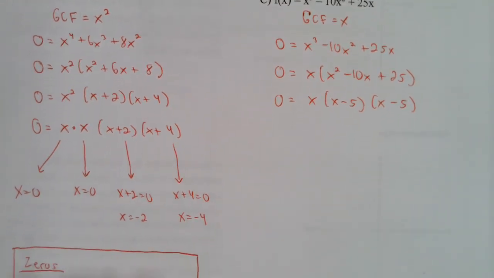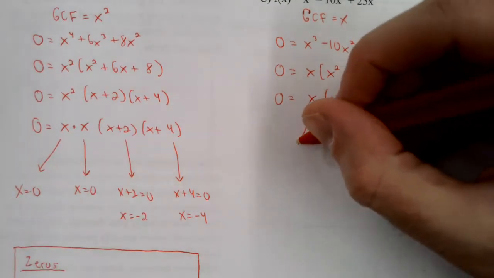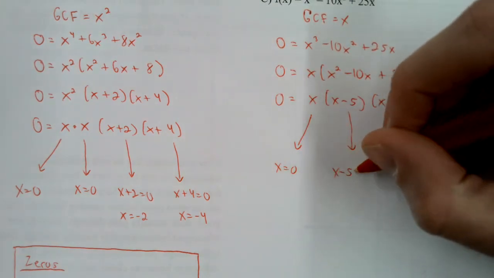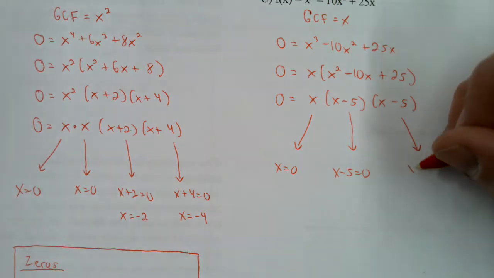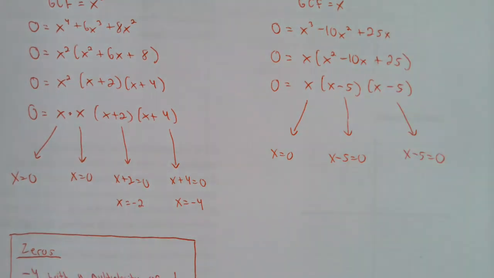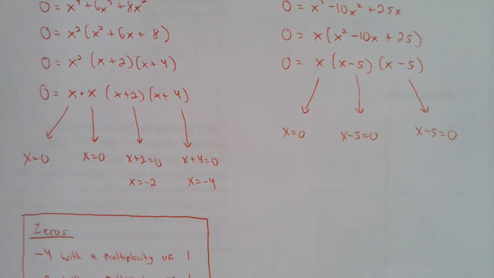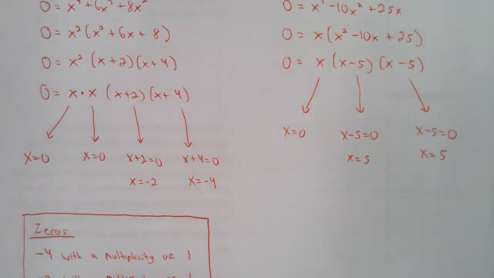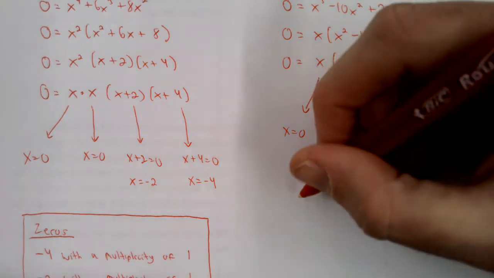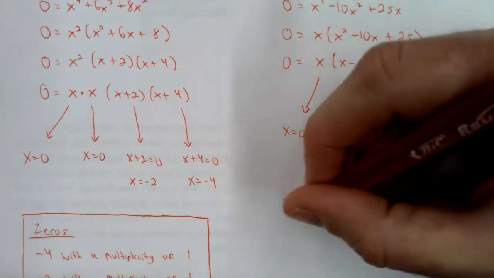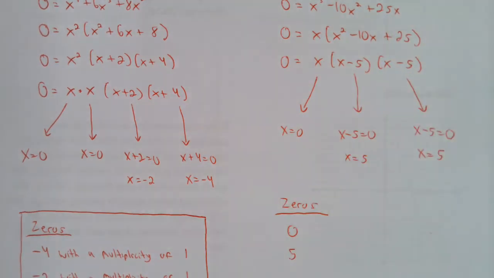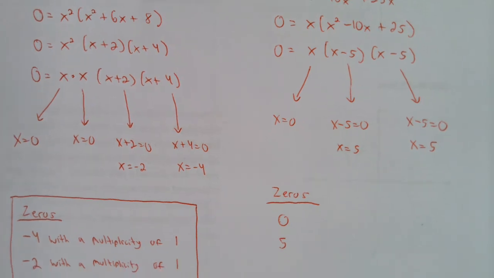Now set each factor equal to 0 and solve. x equals 0, x minus 5 equals 0, or x minus 5 equals 0. You get x equals 0, you get x equals 5, and then you get x equals 5 again. So the zeros are the following. You have 0 and you have 5. 0 has a multiplicity of 1 because it only occurs once.